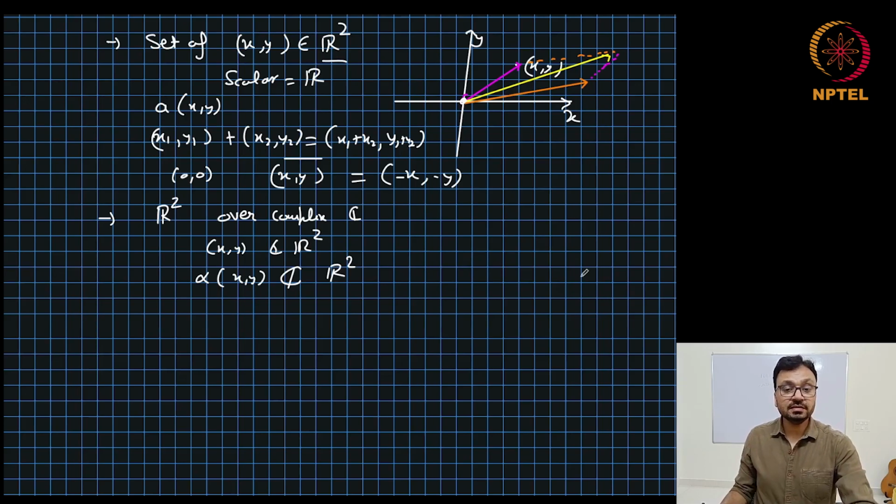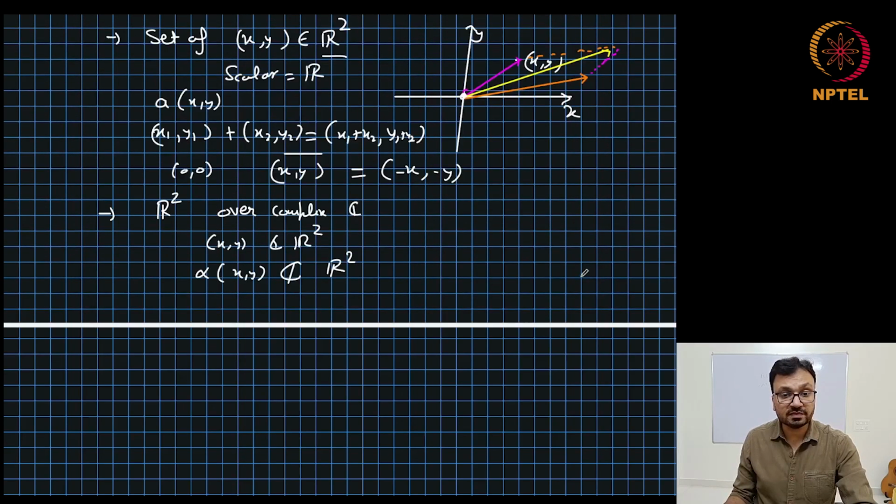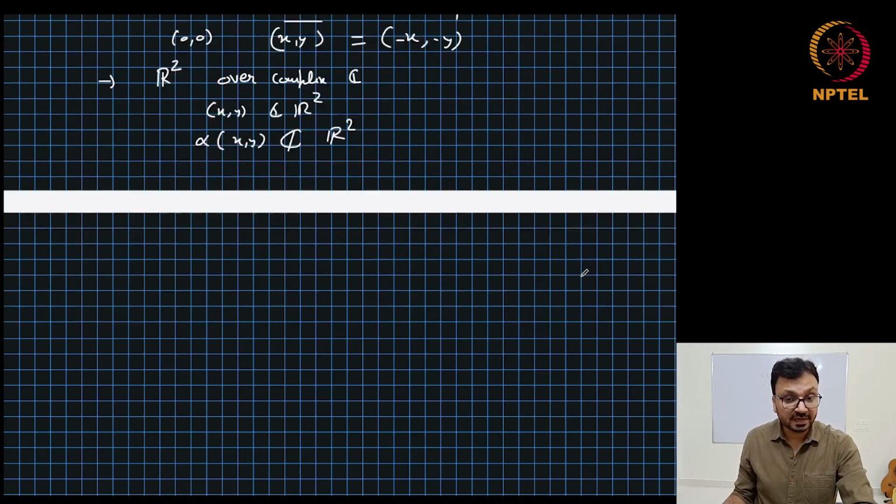So this is one simple example where a set of vectors does not satisfy the linear vector space criteria. So R2 over complex is not a linear vector space.